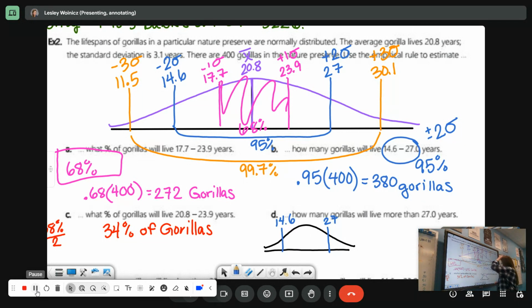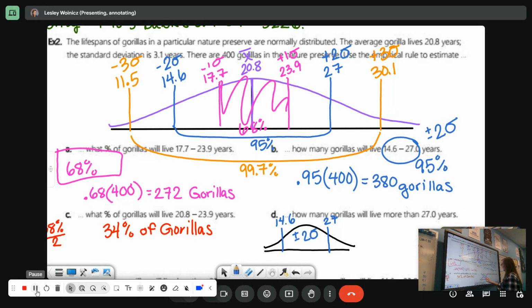Okay. So in order to figure out how many of the gorillas are going to live more than 27 years, we first have to figure out how many are going to be between 14.6 and 27. So the 14.6 and the 27, that is plus or minus 2 standard deviations.